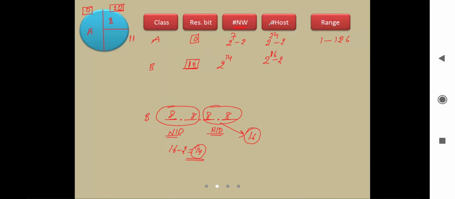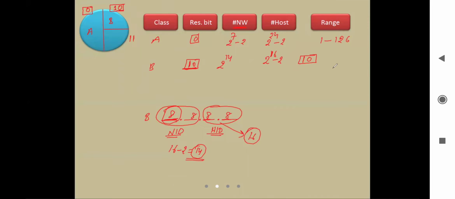Now we need to find out the range, right? Range means we require the minimum number and the maximum number, and we can find the range with the help of the first octet only. In the first octet 2 bits are reserved, it is 1 0. So here it is 1 and 0, this is fixed.